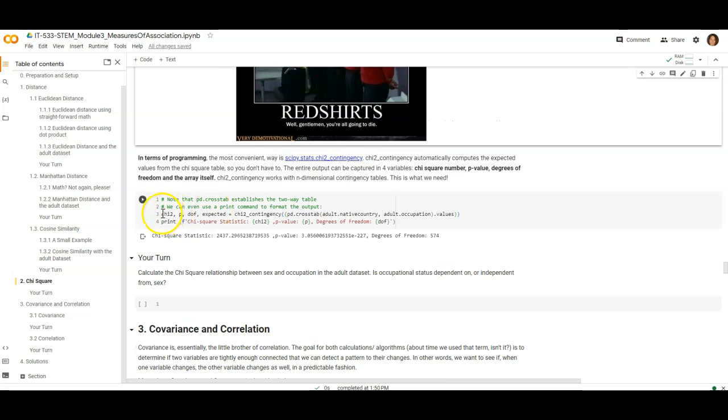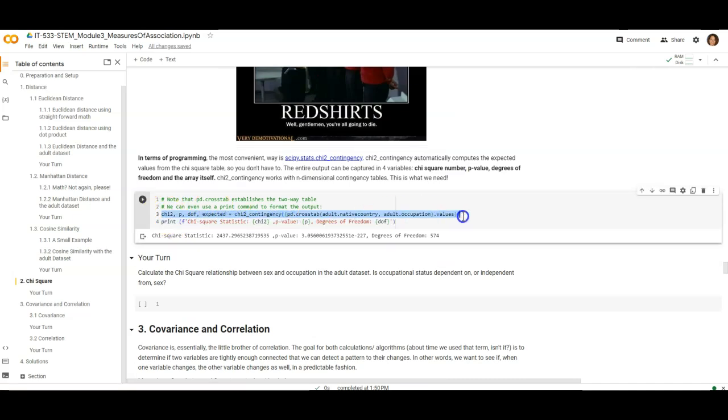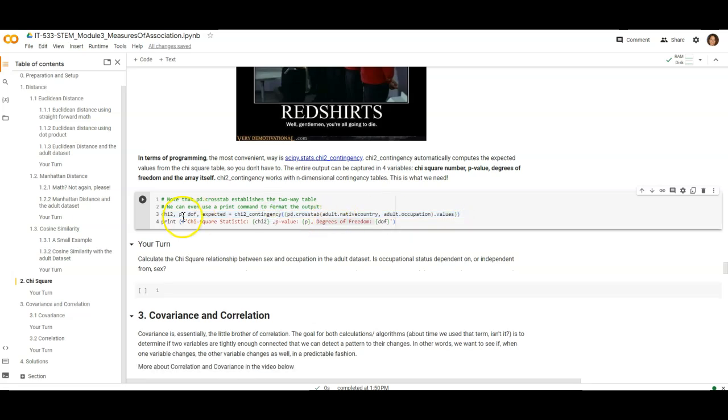The math is very elegant here, and we can solve everything in one line. We start by relating our two categorical attributes. I've selected native country and occupation here because they're both categorical and non-numeric. We are going to relate them with the pandas crosstab cross-tabulation function.